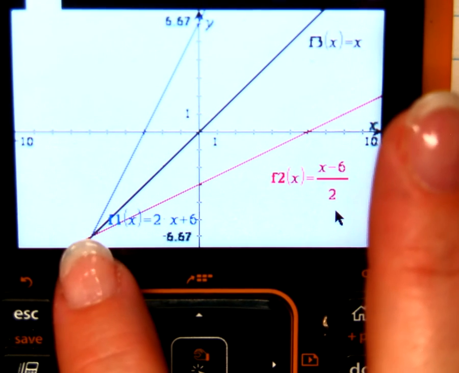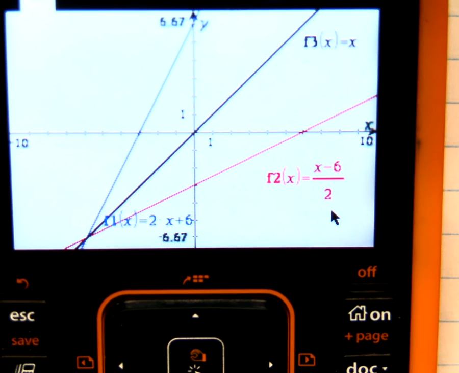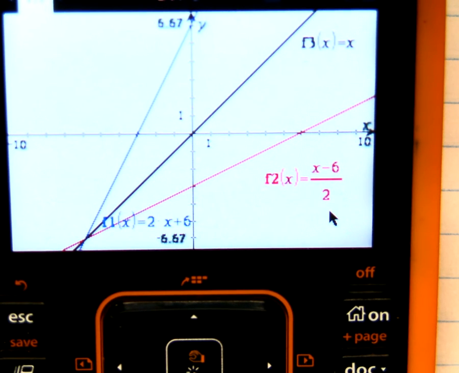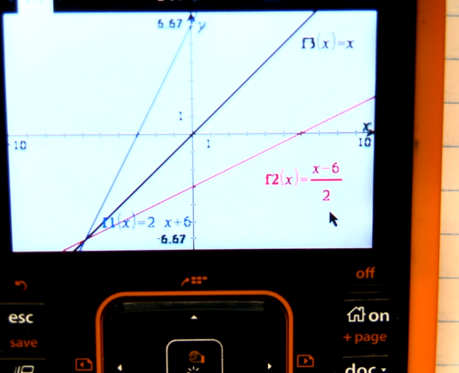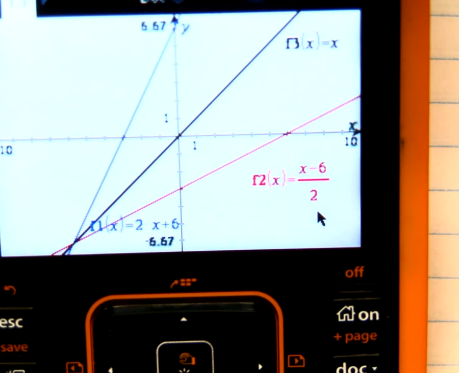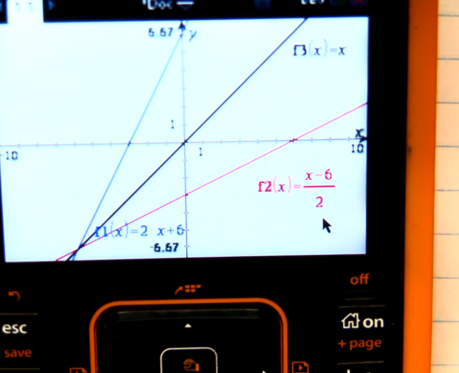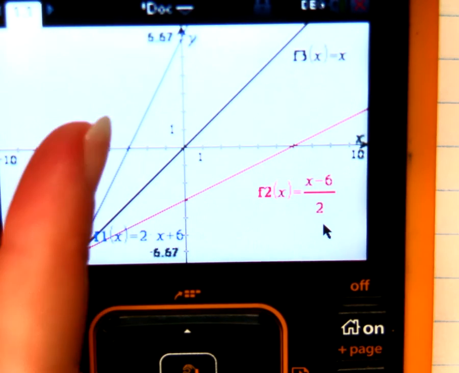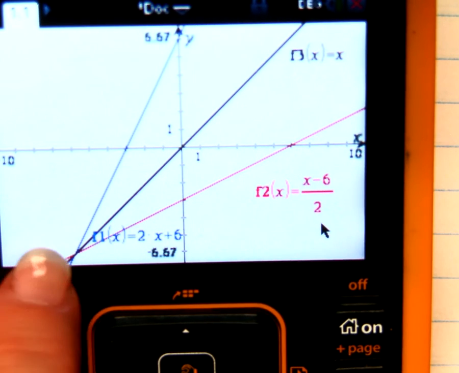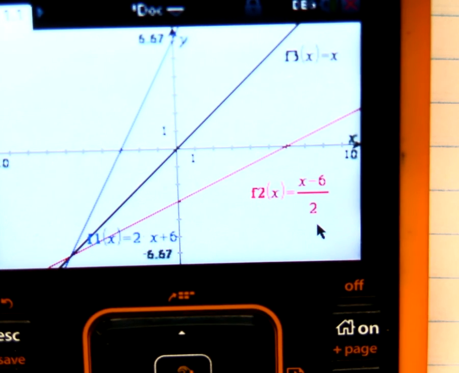Isn't that exactly where they cross each other? Guys, does that make any sense? I hope it makes a lot of sense. How did you find an inverse function? We switched x and y, we made y equal x, and we made x equal y. So does it make sense that these two lines should cross on the line y equals x?